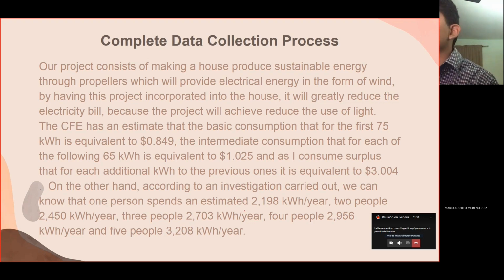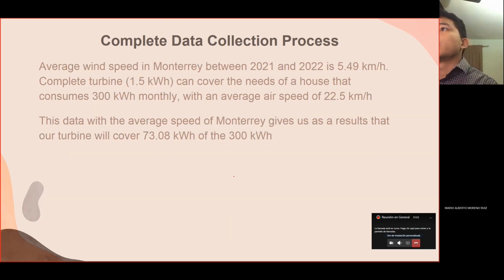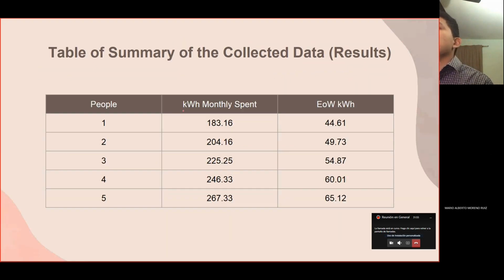As he said, this is the amount of kilowatts per year spent by a person, by two people, three people, and so it goes. With this, we didn't use the year values. We convert them into a monthly spend, and these are the values that are right here.